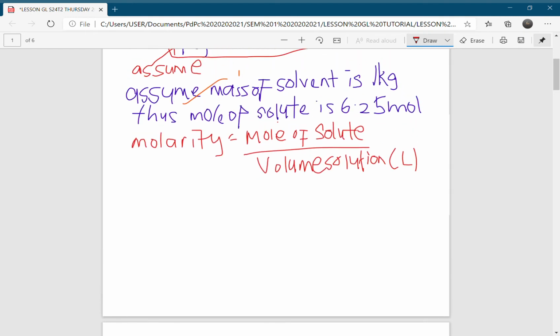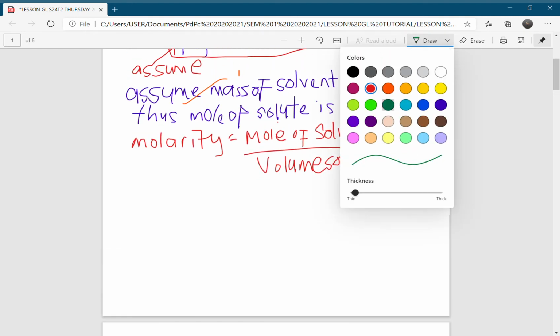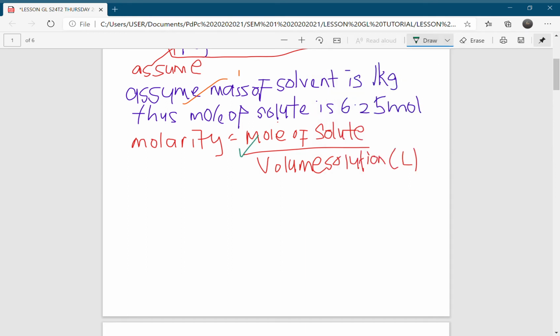From the target question, it requires the mole of solute and the volume of solution. From the assumption statement, we can find the mole of solute, so we already have the first data. The second data requires the volume of solution, but we only have the mass of solvent. So what is your next task?